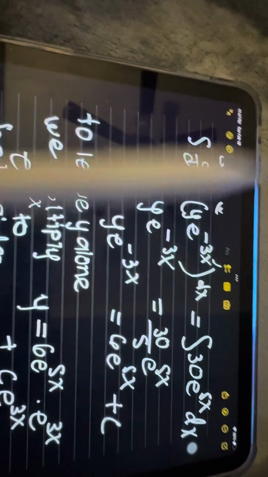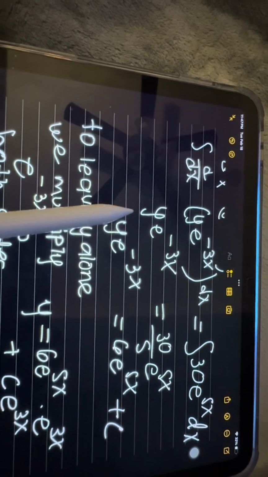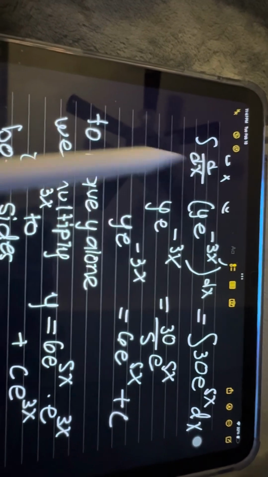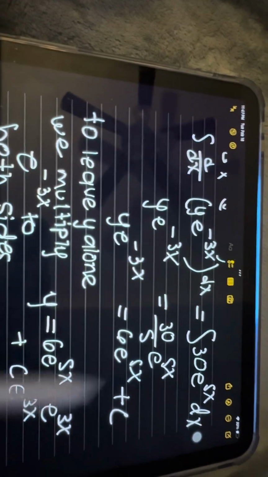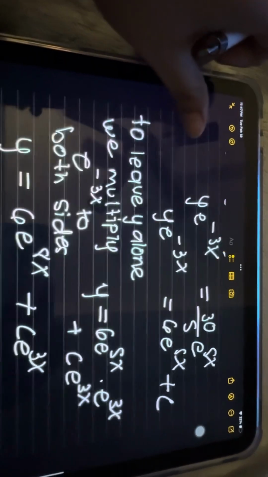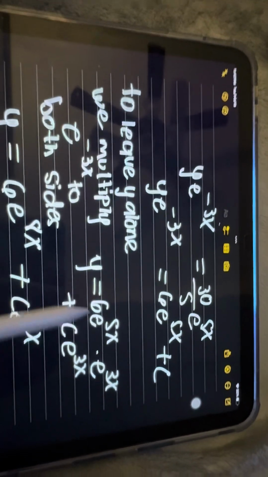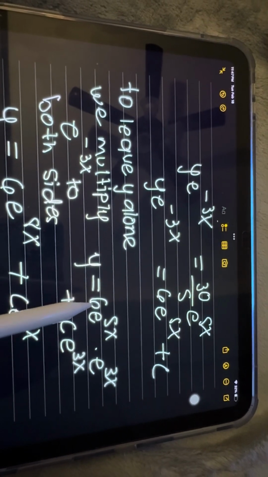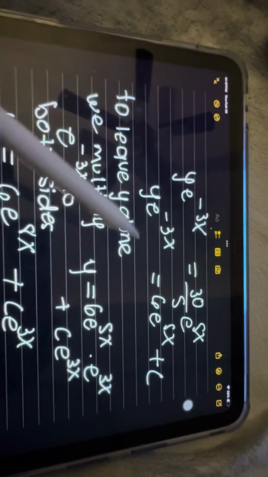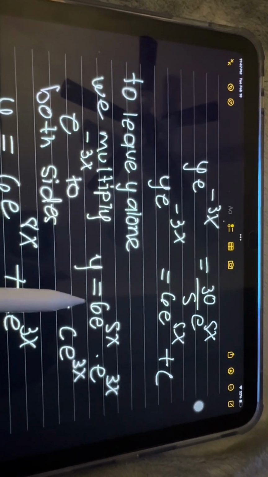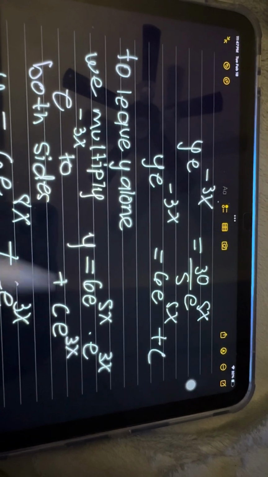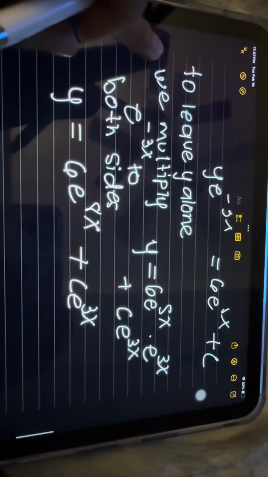We go back to the left side, and we can see that y is still not alone. We have y e to the -3x, and in order for us to leave y alone, we have to multiply both sides by e to the 3x. In this case, y equals, obviously it cancels on the left side, so it would just be y, which is what we wanted, equals 6e to the 5x times e to the 3x plus c e to the 3x.